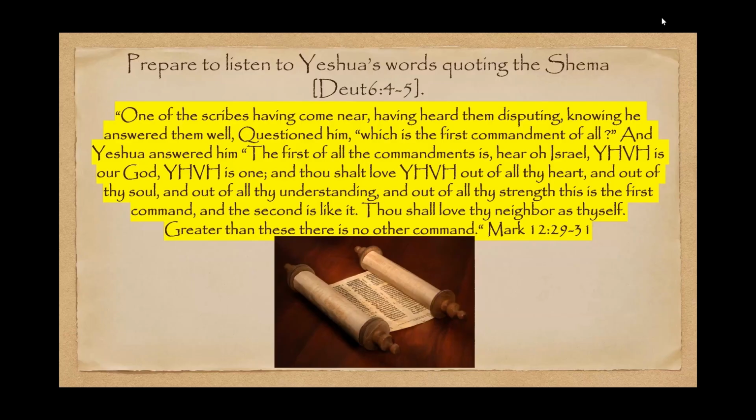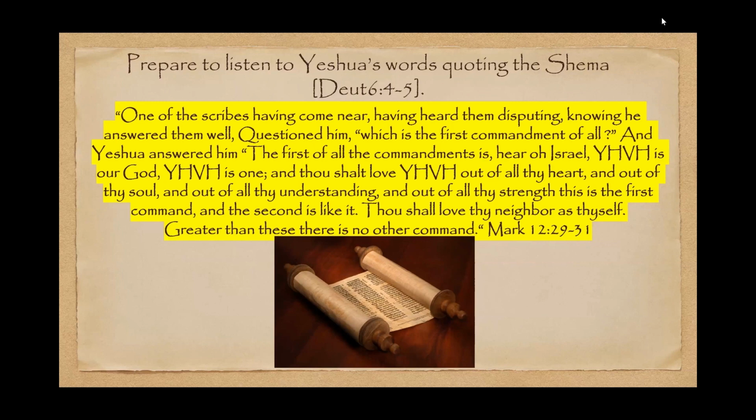Prepare to listen to Yahshua's words, quoting Deuteronomy 6, verses 4 to 5. One of the scribes, having come near, having heard them disputing, knowing he answered them well, questioned him, which is the first commandment of all? And Yahshua answered him, the first of all the commandments is, Hear, O Israel, Yahweh is our God, Yahweh is one.